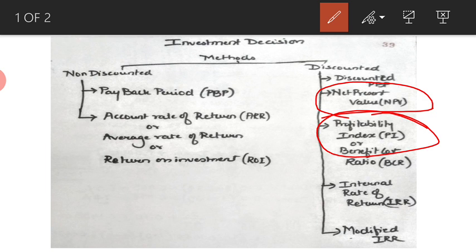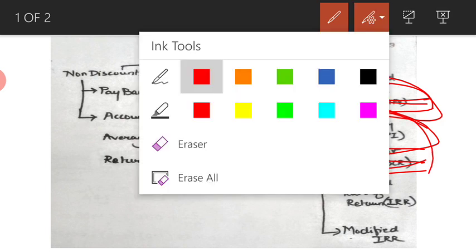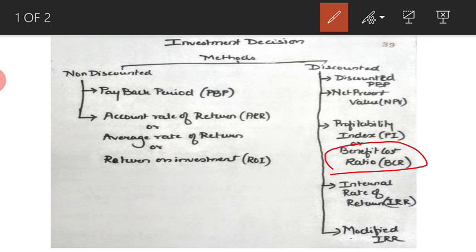Net present value is if you are investing 100 rupees, how much are you getting back in terms of rupees. Profitability index is given in terms of 1 rupee. Profitability index is also called benefit cost ratio. So sometimes in the question they may ask you to calculate benefit cost ratio, which is nothing but profitability index itself.